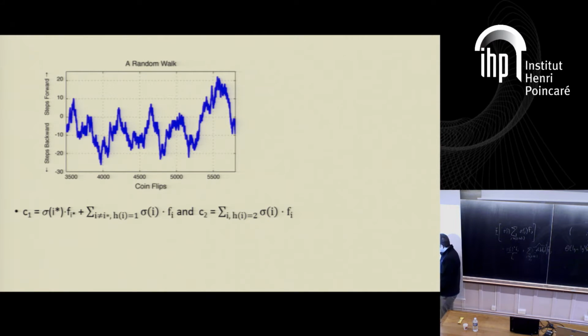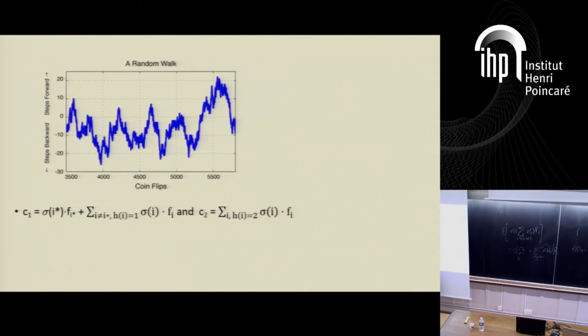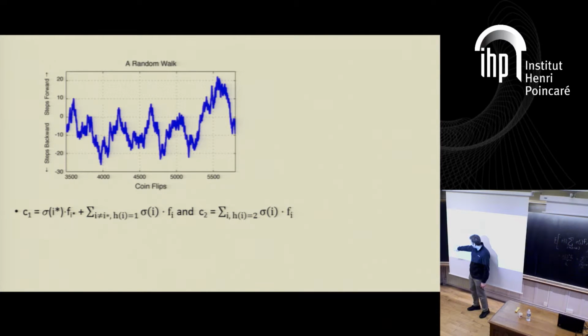So why is that? Let's look at this first counter, C1. We said i star, this heavy hitter, goes to that bucket. Let's take out its contribution. Let's write it over here: sigma i star times F i star, plus all the remaining items that go to that same first bucket, their contribution to the sum.